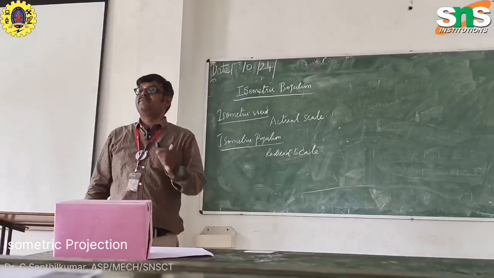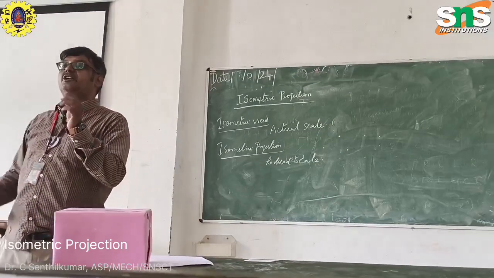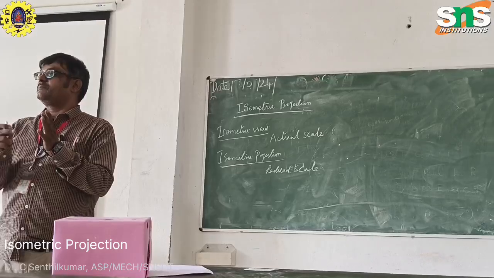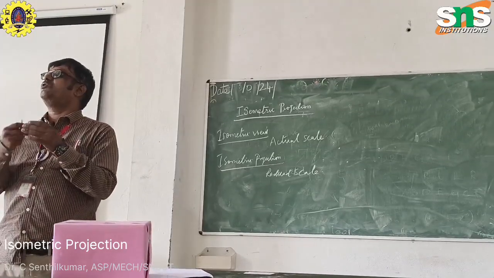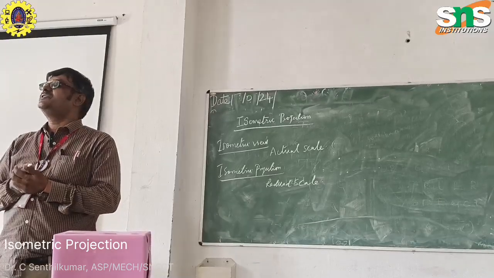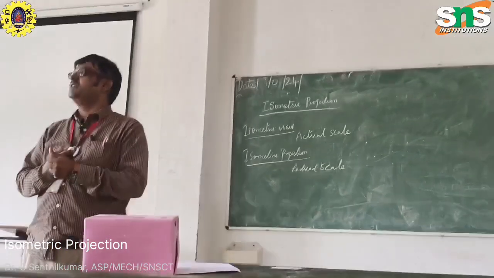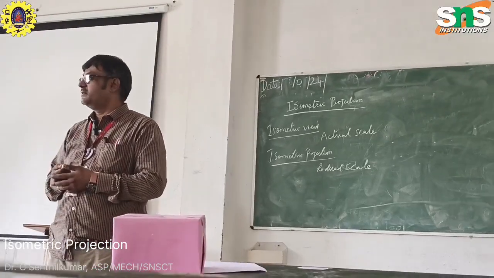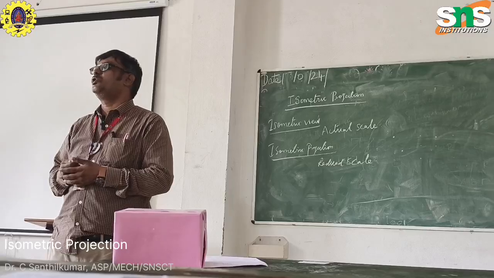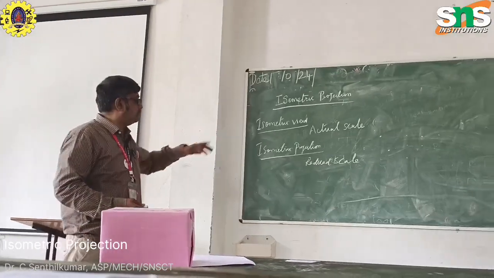Reduced scale means if they give 1 centimeter, it will be reduced to 0.83 based on mathematical calculation. They have found from the ISO standard, which is 0.83 times the value. 1 centimeter into 0.83 becomes 0.83 centimeter, which is not equal to 1 centimeter. So that is the reduced scale.